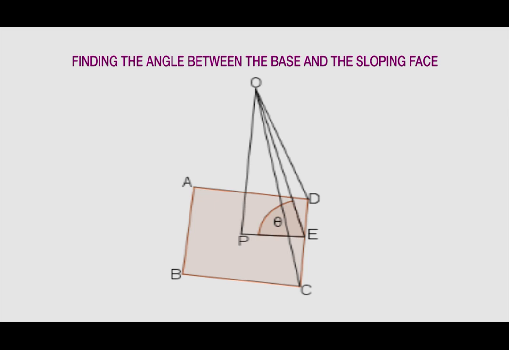Let's look at how to find the angle between the base and the sloping face. You can see from your diagram. From the diagram, the angle theta is the angle between the base ABCD and the sloping face ODC.